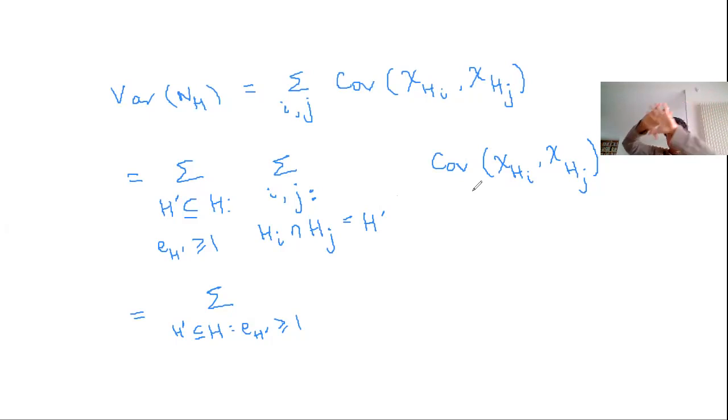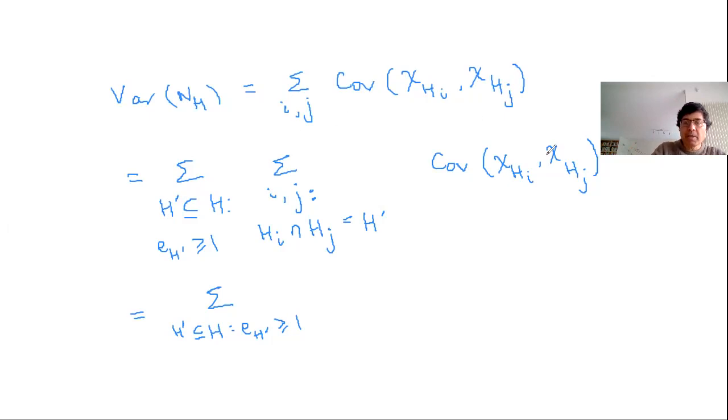Why is that? That's because the edge probabilities are p anywhere in the graph. The edges are independent, but they have the exact same probability p anywhere in the graph. So whether a pattern is sitting on this set of vertices or on this set of vertices, it has the same probability. And hence the covariance doesn't depend on that.